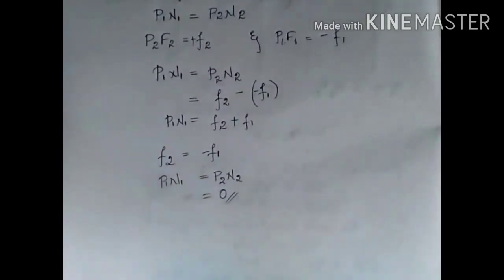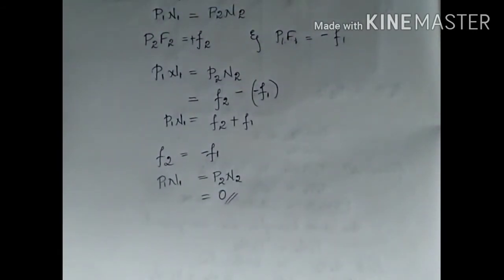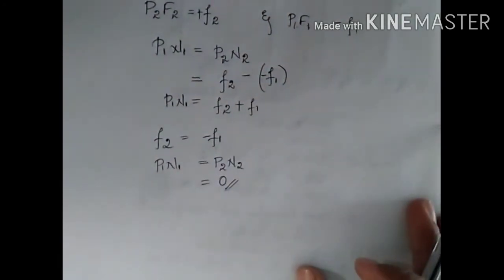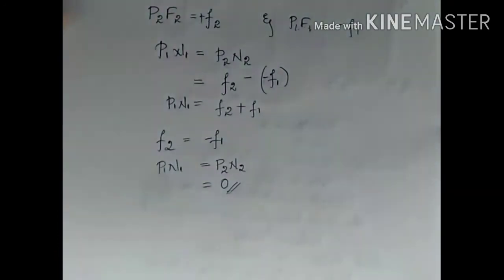That will be 0. So this case is for optically similar systems. This represents that principal points coincide with the nodal points when the optical system is situated in the same medium.